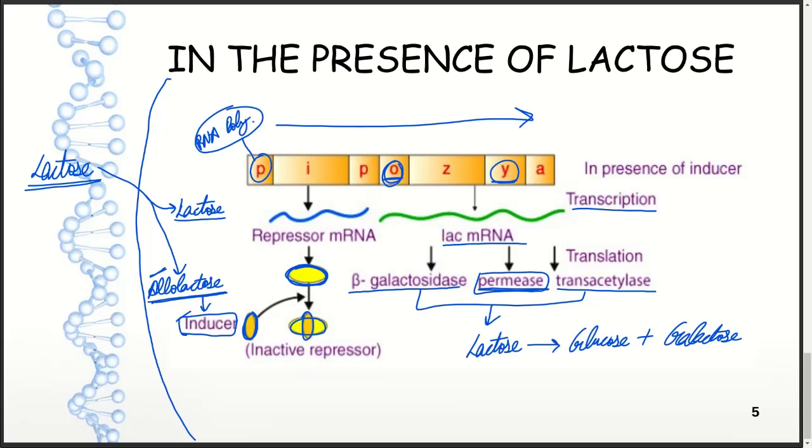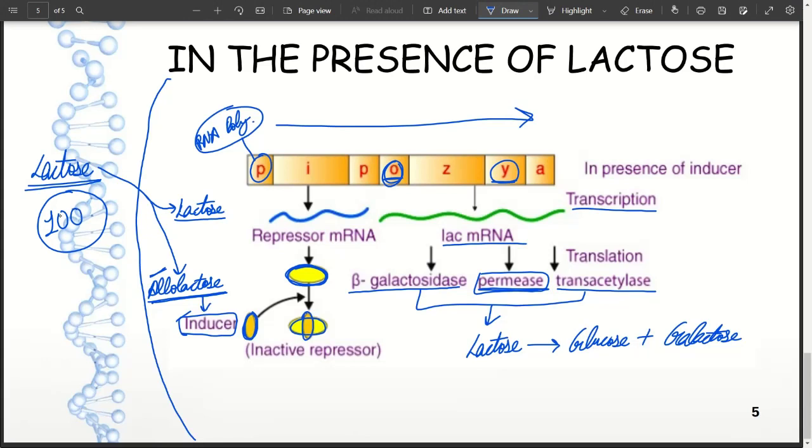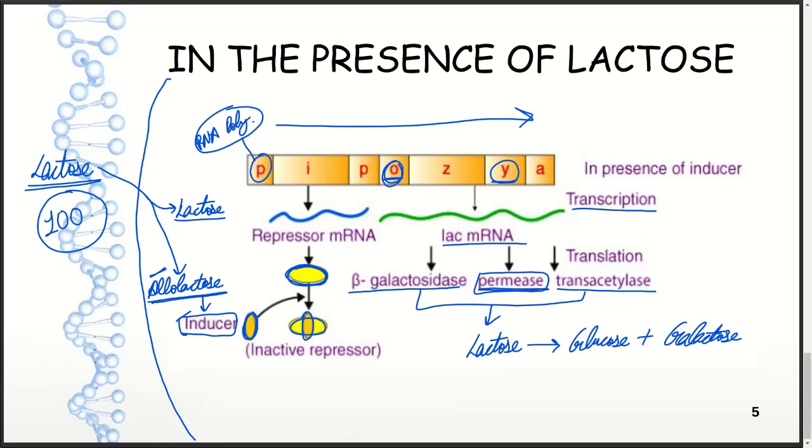Now let us take a scenario, an example. Let's imagine there are 100 molecules of lactose present in the growth medium outside the bacteria, and when they diffuse in, one lactose molecule gets converted into allolactose and the rest remain as lactose.